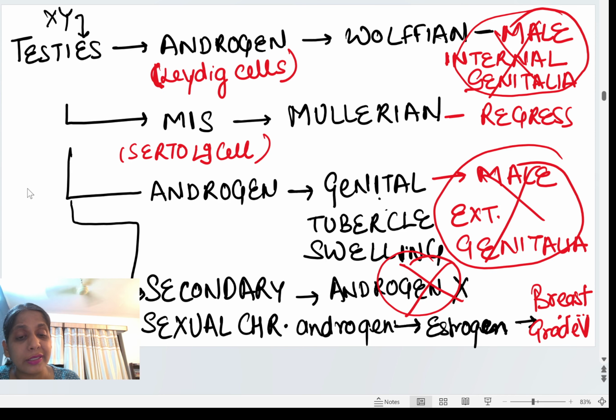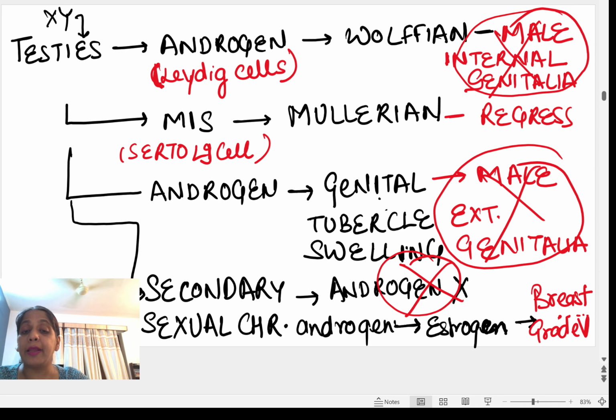What about secondary sexual characteristics? Will this XY male have the secondary sexual characteristics of a male? No, because all the secondary sexual characteristics of males are due to androgens. The androgen receptors are at fault, so they will not have any male secondary sexual characteristics. But will they have the secondary sexual characteristics of a female?